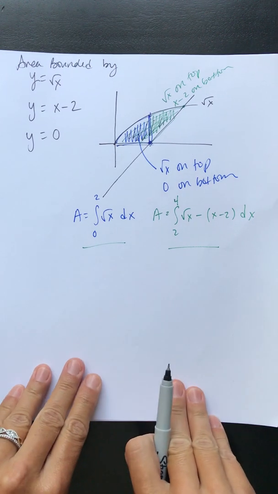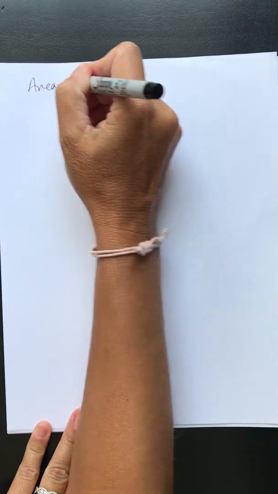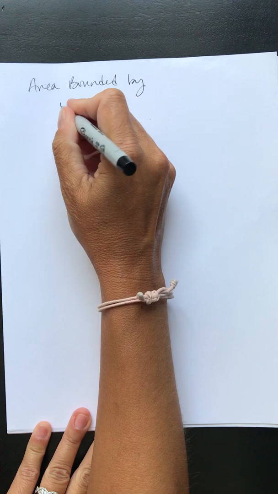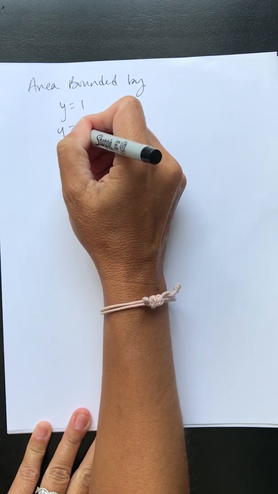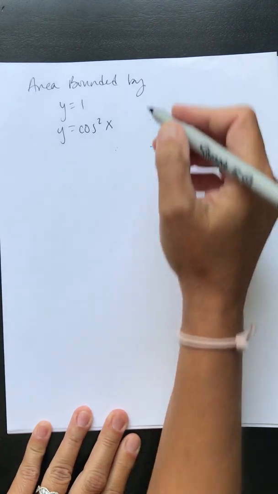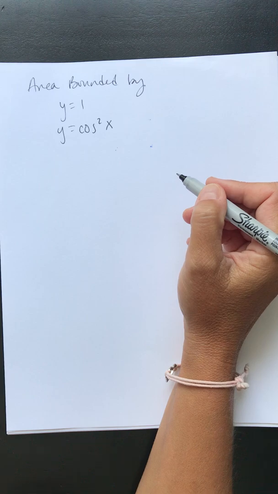All right, so let's look at another example here. Let's look at the area bounded by y equals 1 and y equals cosine squared of x. And I just want to look in the first period. Actually, let's just look from 0 to pi.